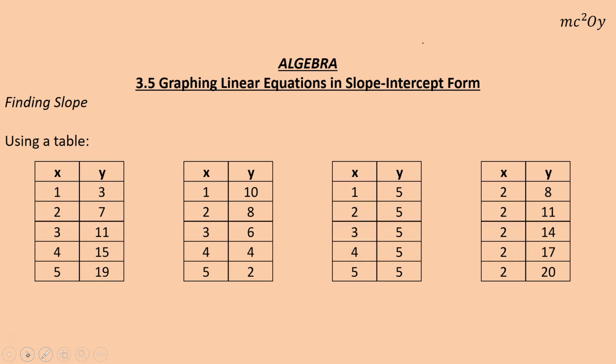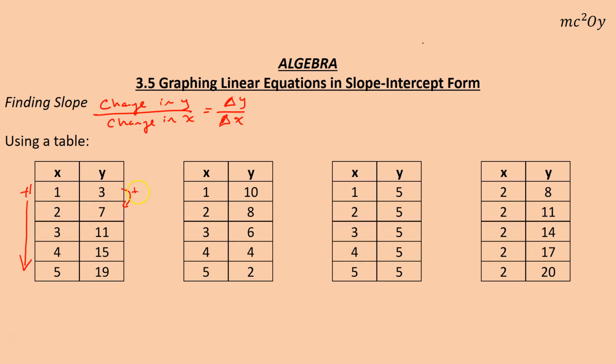Now let's go ahead and find the slope using a table. Remember, slope means change in y over change in x, also known as delta y, delta x. Okay, and so what I'm going to look for is just my change in x and my change in y. So my change in x, well, on this side it looks like I go up 1 every time.